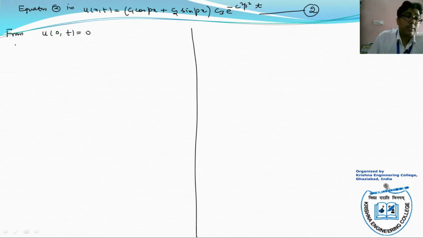The LHS of this is obtained from equation second when x is equal to 0.